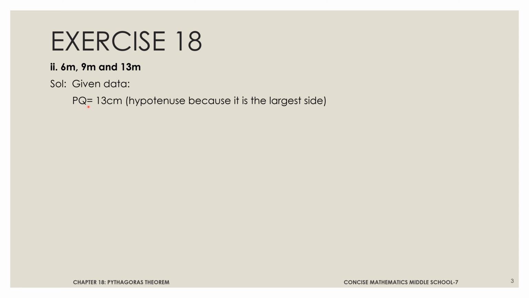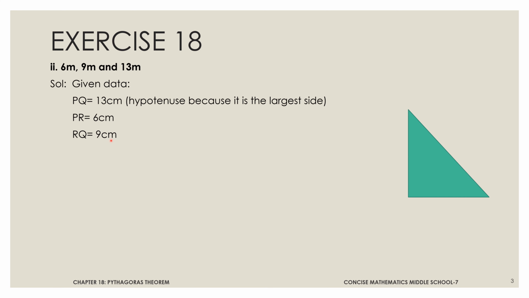Here PQ is the longest side because 6 is smaller, 9 is smaller, whereas 13 is the largest when compared to these two. So the largest side will be the hypotenuse. So PQ is equal to 13 centimeter, and the remaining two you can just write down as PR is equal to 6 centimeter, RQ is equal to 9 centimeter. This is a diagram.